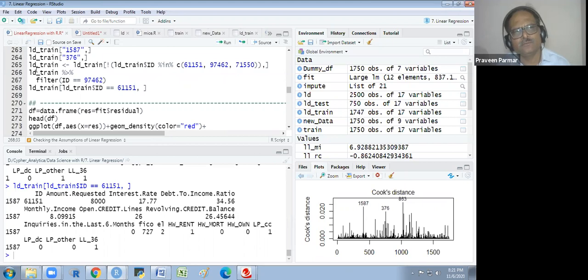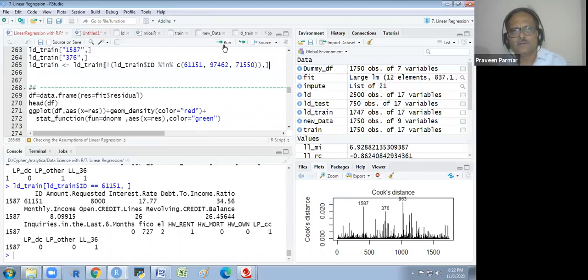What I am doing now, I am removing these IDs from my data frame, training data set, because these are the outliers. Got it? Is it correct? So I remove this.